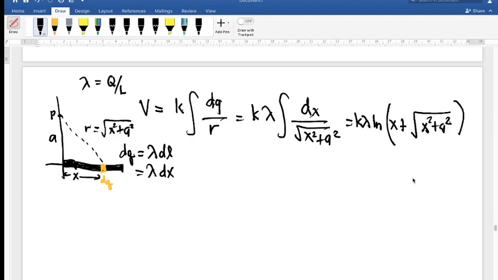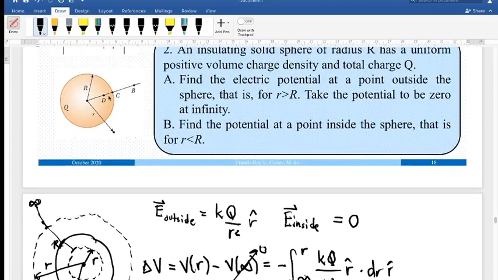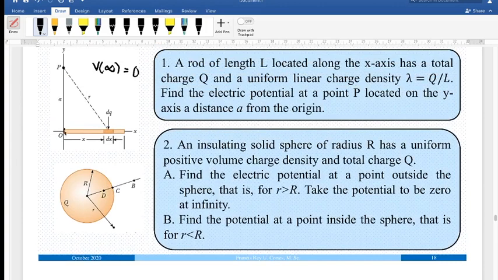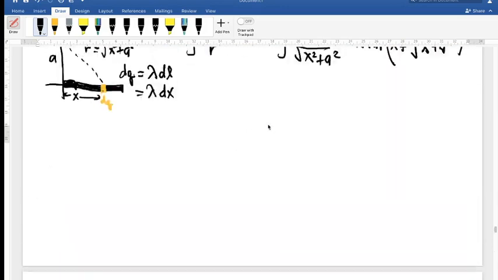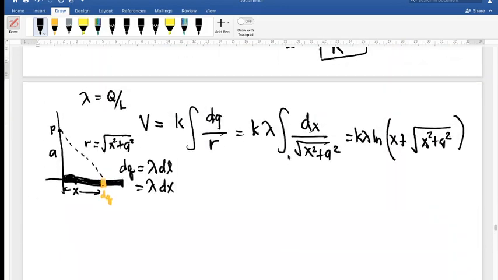This is the counterpart of this expression, integrated from 0, the other side of the line charge, up to the distance which has length L. So this is L and this is your 0. So we have to integrate from 0 to L.